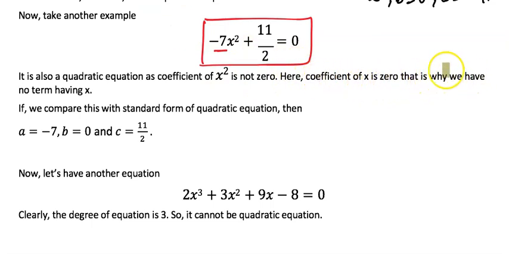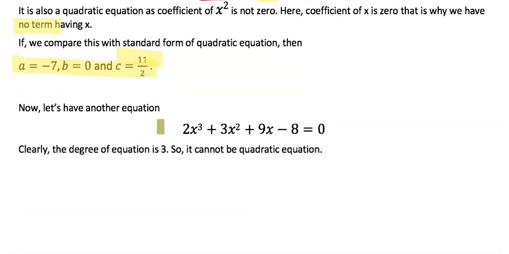That is why we have no term in x, as I have already taken one example. Now if I ask you to obtain the value of a, b and c, please try to solve it yourself. If you observe, a would be minus 7, b is going to be equals to 0 because there is no term in x, and c, that is a constant, is 11 upon 2. So now these three are your answers.